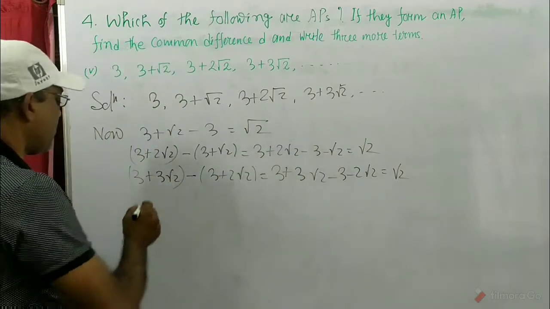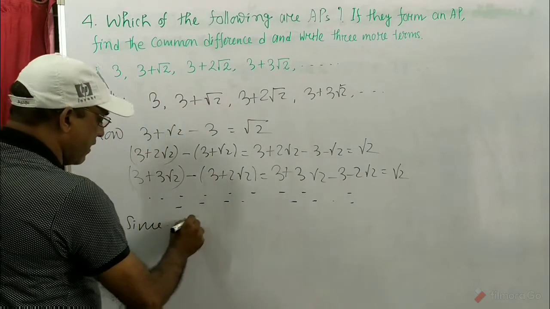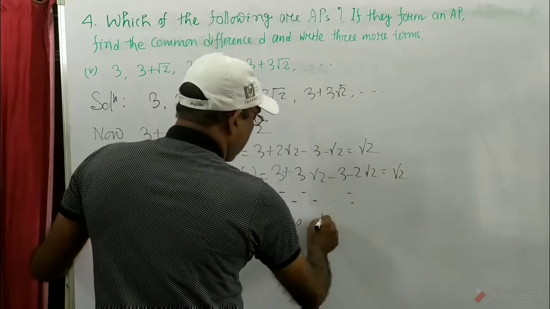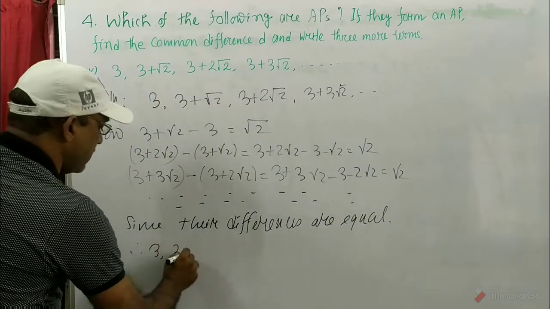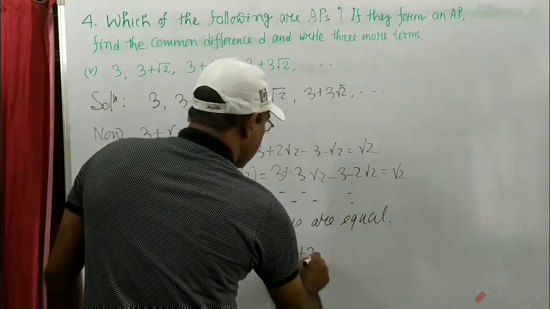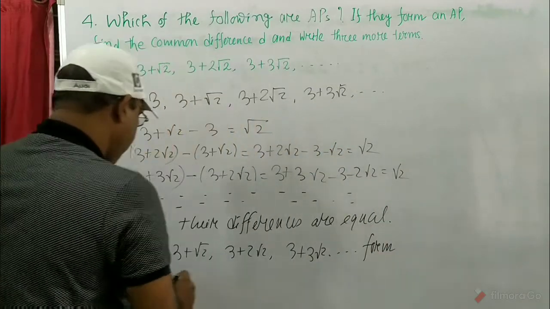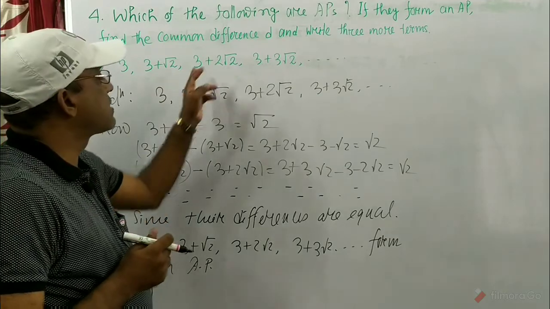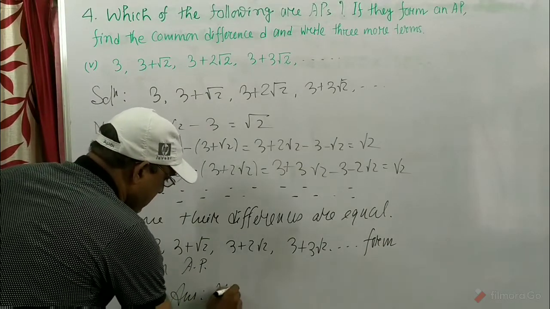Since their differences are equal, therefore 3 plus root 2, 3 plus 2 root 2, 3 plus 3 root 2, and so on, form an AP. So the answer is yes, they form an AP.